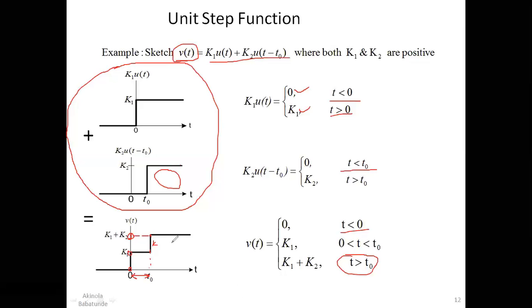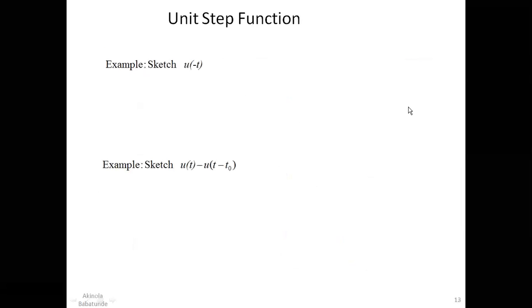And then for t greater than t naught, from here, all the values right up, you can see that here, what you have is k1 plus k2, which will be equal to v of t.